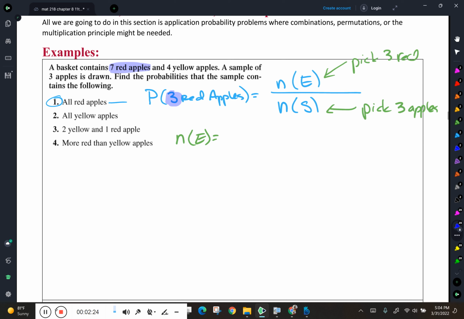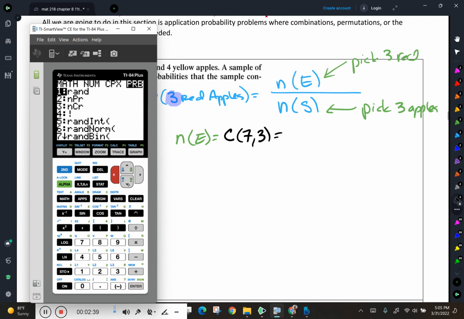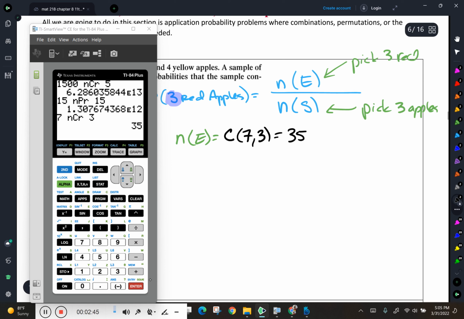I can't repeat, because once I pick an apple, it's out. And the order doesn't matter, so that's a combination. So this is going to be a combination of 7 choose 3. Then I'm going to grab my calculator and find out what that is. 7, math, combinations, 3. That's 35. So I know that my numerator is going to be 35.